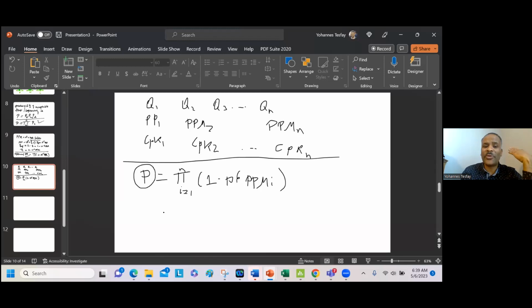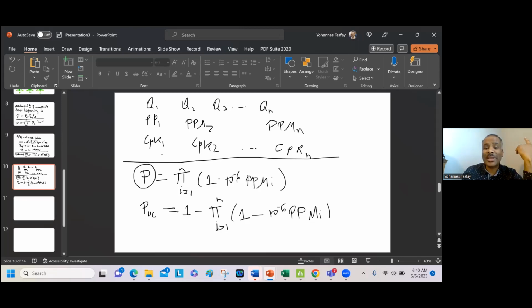So what about the probability of failure, non-conforming? The probability of non-conforming, nc, is equal to 1 minus this quantity, the product of I running from 1 to n of 1 minus 10 to the power of minus 6 times ppm I, just like that. You see?